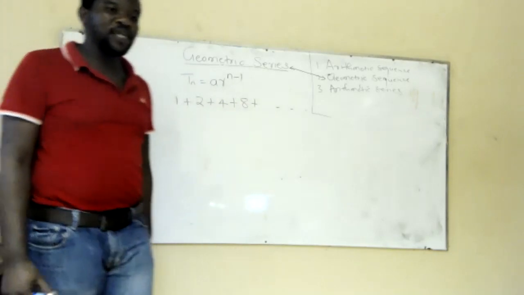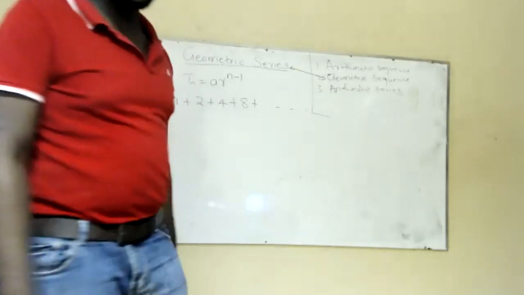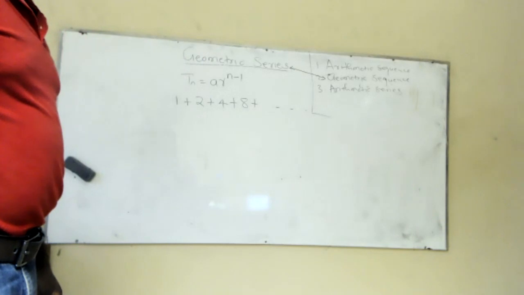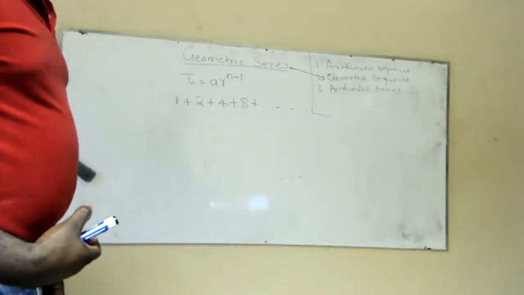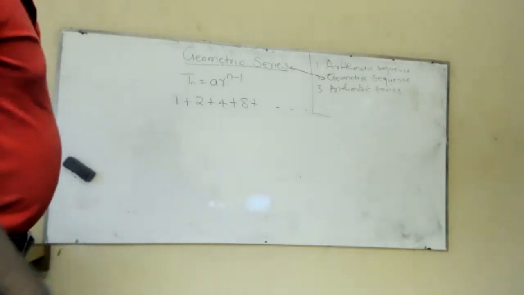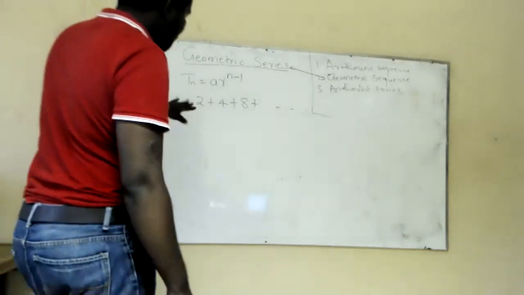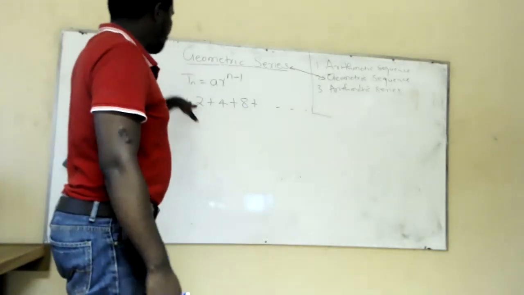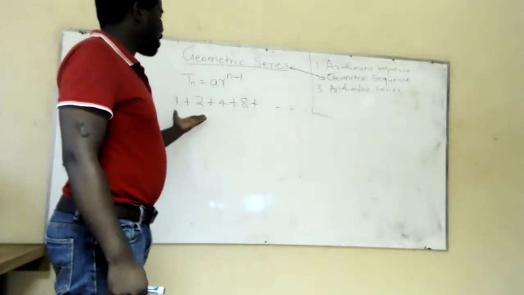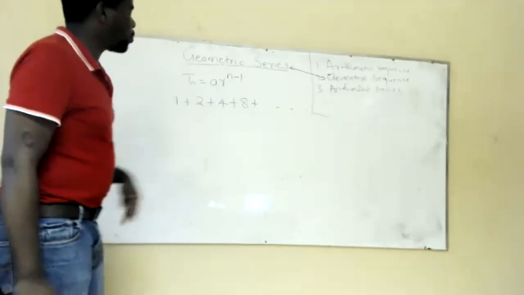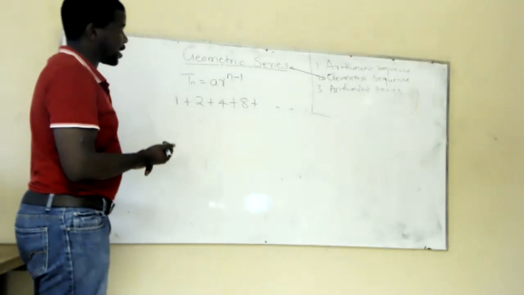Can anyone tell me what is this? Is it a series or a sequence? A series. Why is it a series? Because of the addition signs. Definitely, because of an addition sign or a subtraction sign in that case. But in this case, we have an addition sign only. Sometimes you're going to find the subtraction sign, but let's stick with these ones which have addition signs.